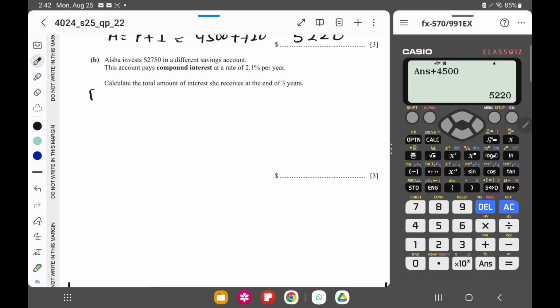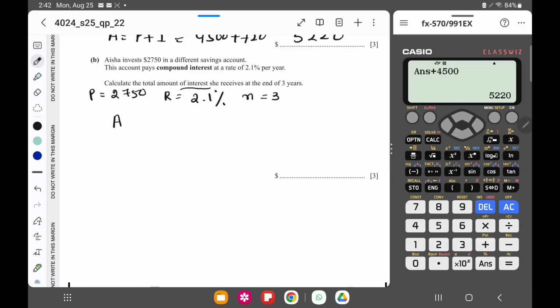So here the principal is 2,750, the rate is 2.1%, and the number of years is 3. The amount of interest is required, but we don't have a direct formula for compound interest that finds only the interest, so we'll subtract and find it later.